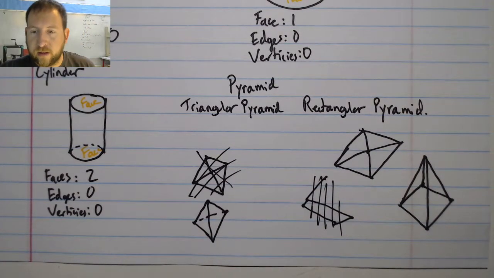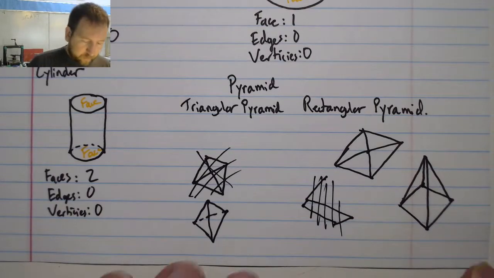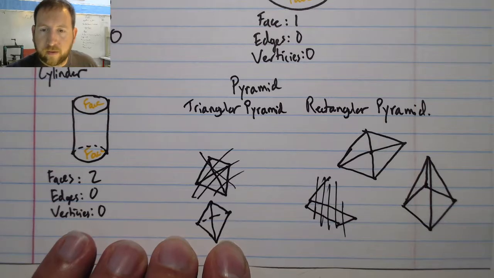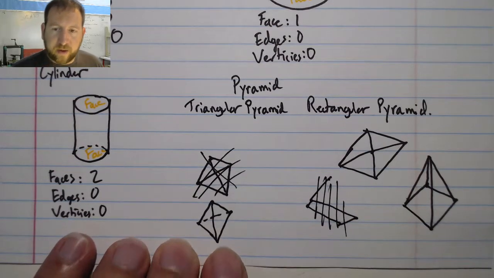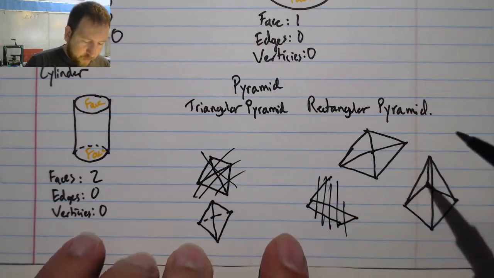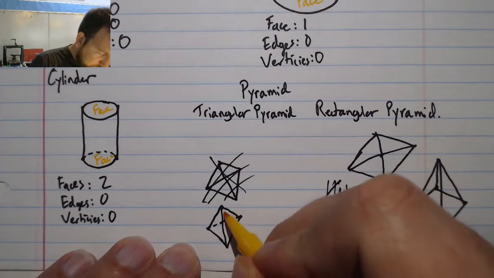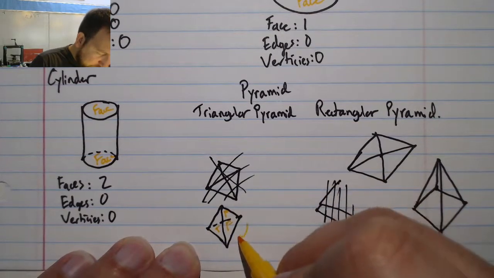And when we are listing the faces and the sides, we have our triangular pyramid, which has 3 triangle faces and 4 in all. So in here we can see that there's a face, face, face, and then 1 underneath.